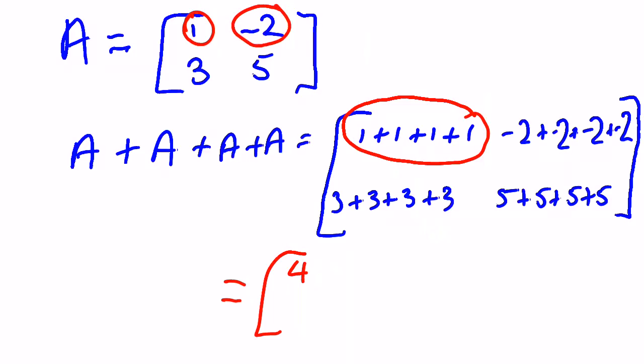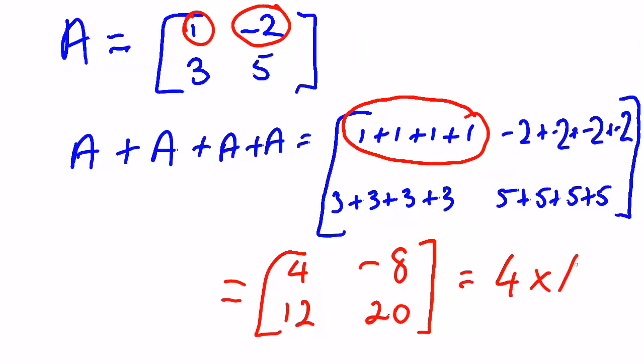I have to add this one 4 times, which gives me -8. I have to add bottom left 4 times, which gives me 12. And I have to add the bottom right 4 times, which gives me 20. So basically, what I'm actually doing is this, 4 times the matrix A.